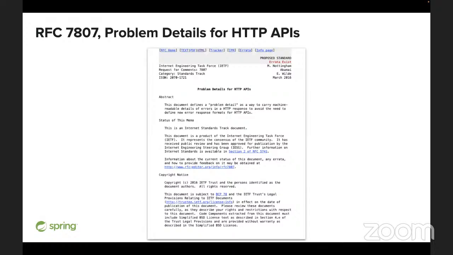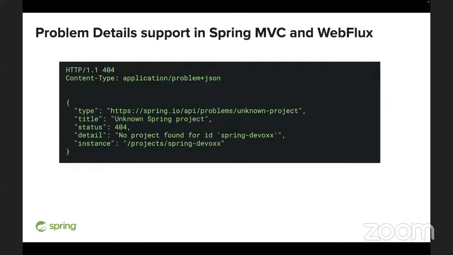It's a standard that describes the default output, what the attributes should be, and what they mean. It's a way for an HTTP API to expose some kind of standard output when an exception happens. And Spring Framework 6 implements this RFC. So this is the difference when you use the problem detail.